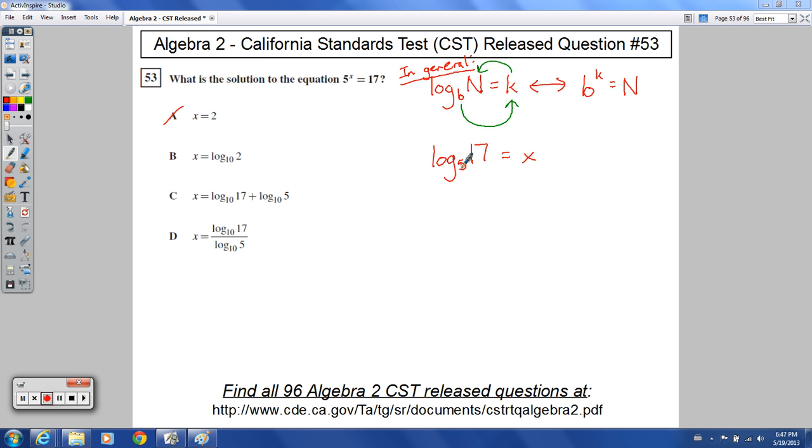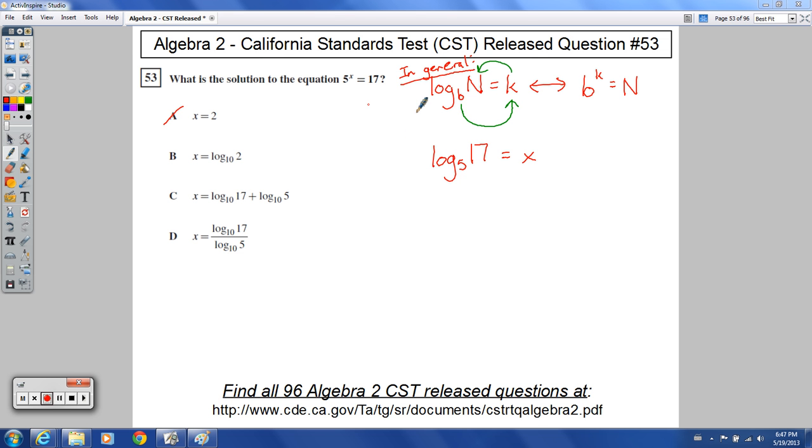It's a true statement based on what I said in general: if 5 to the x power equals 17, then log base 5 of 17 equals x. But it's not helping us solve the question, so it's just an aside, or a nice thing to know.